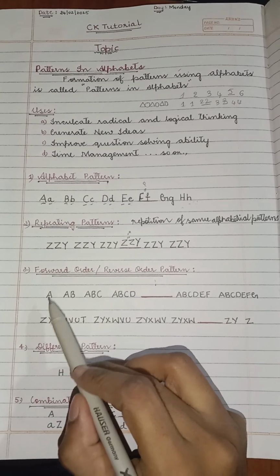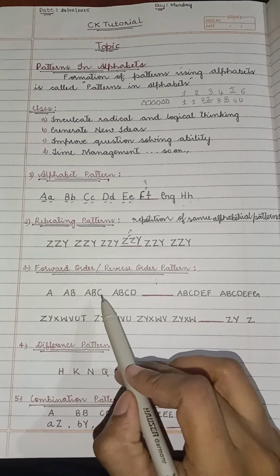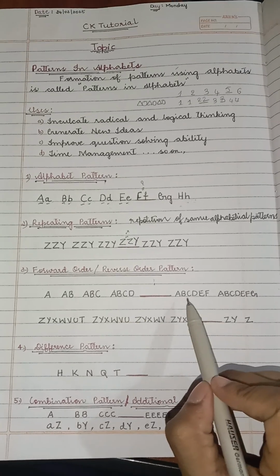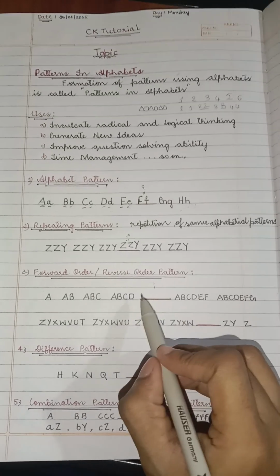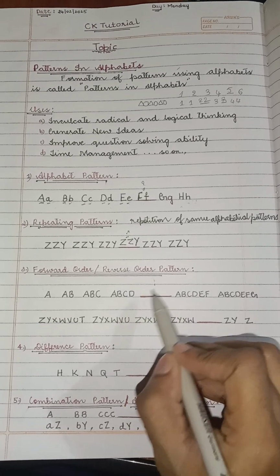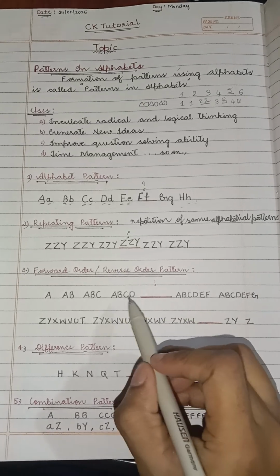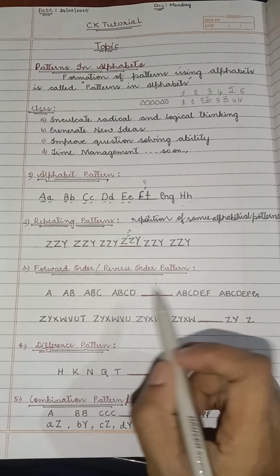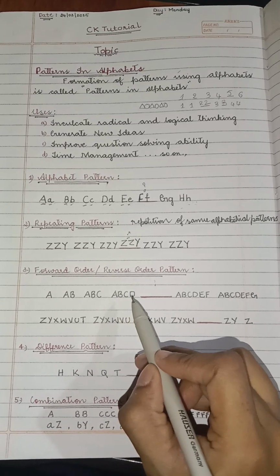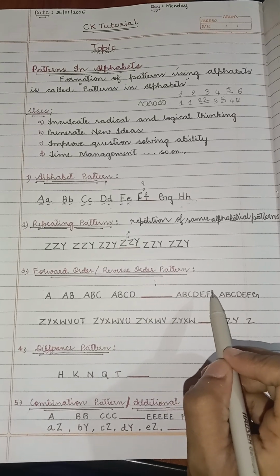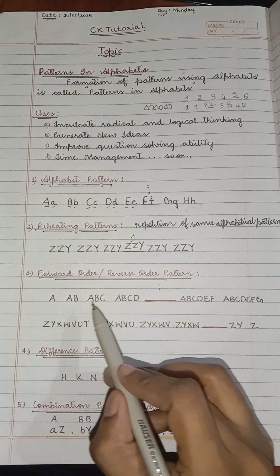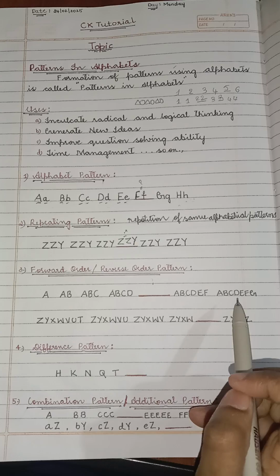So let us answer: A, AB, ABC, ABCD, ABCD, EF. So what will be the answer here? We just have to observe the two sequences, ABCD, ABCD, EF. And from the rest they have given, we come to know that it's a forward order pattern.